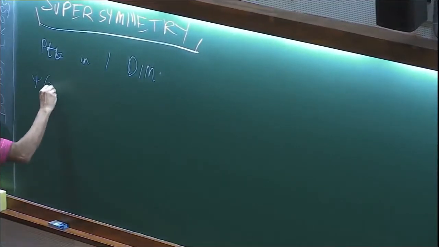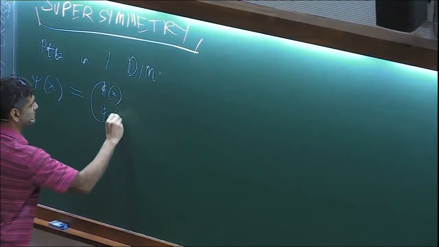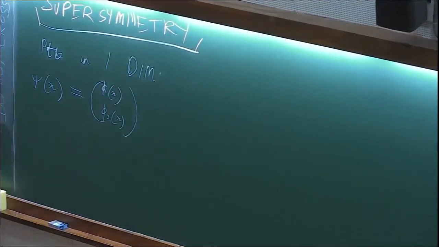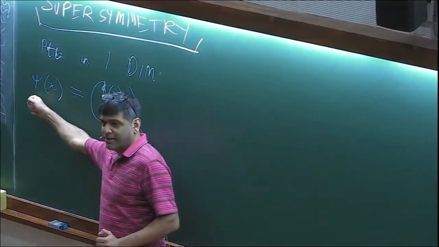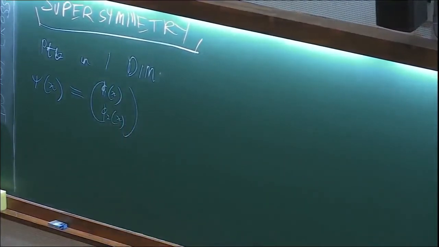So its wave function psi of x is equal to (phi1 of x, phi2 of x). It's the kind of wave function that Schiff would talk about if you were studying a particle with spin. So this is the system we're going to be studying. The Hilbert space is a space of square integrable wave functions, each component phi1 and phi2 square integrable on the real line, minus infinity to infinity. They're really very simple.